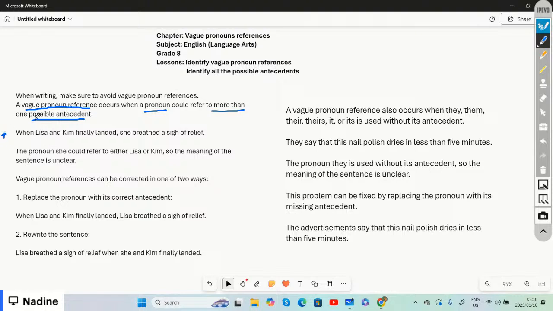So it says, when Lisa and Kim, it's two people. She is the pronoun. Now the question is, who breathed a sigh of relief? Is it Lisa or is it Kim?